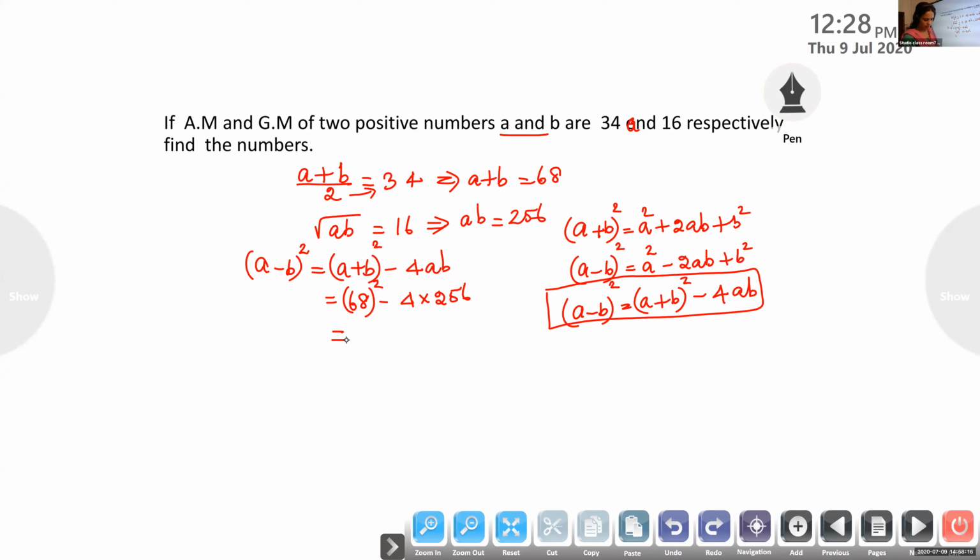68 square minus 4ab. What is 68 square? Find out what is 68 square minus 4 into 256.